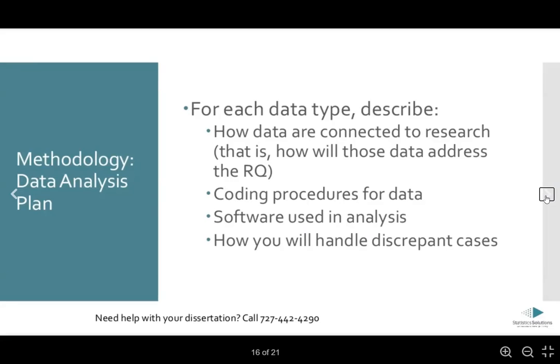That one experience is still important to note in your study because it may get at a larger theme. So you will want to talk about that particular discrepant case. We don't want to get rid of outliers in this case. So here you're just going to talk about how you're going to handle those discrepant cases.